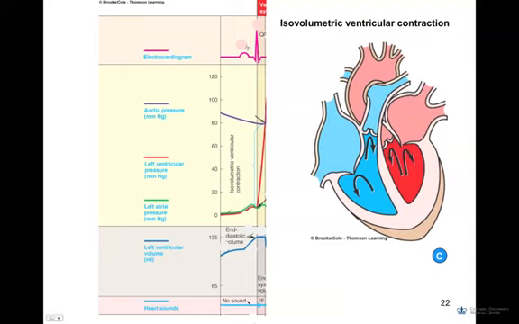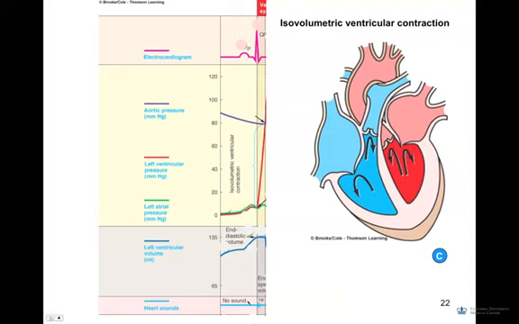And they both shut at the same time. Now, when those AV valves shut, if we jump down here, we see that there's a first heart sound. Okay? The closure of both AV valves, as soon as those ventricles begin to contract, causes that first heart sound.